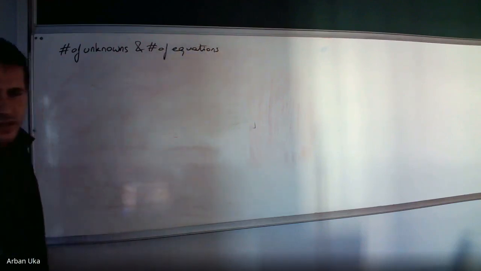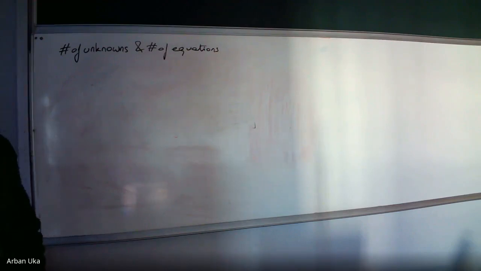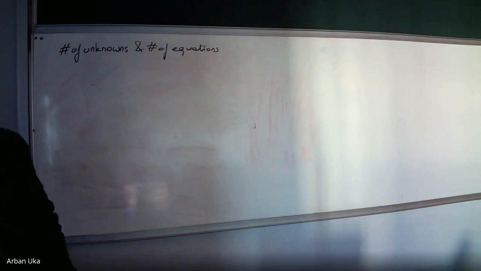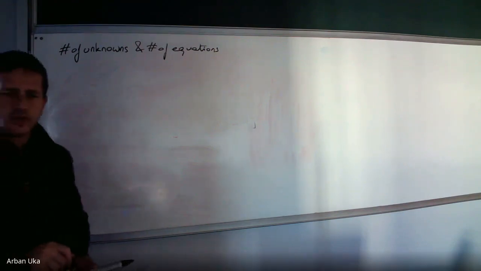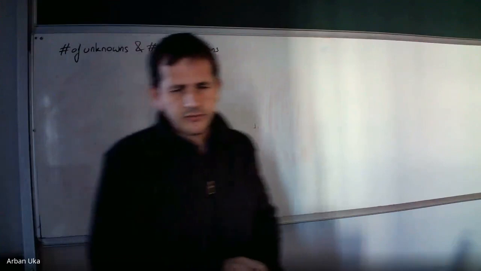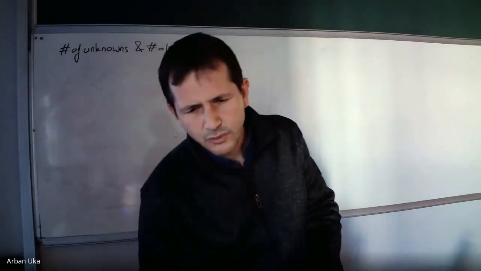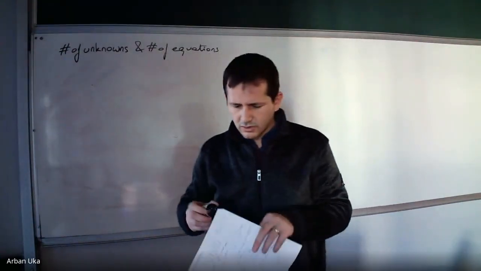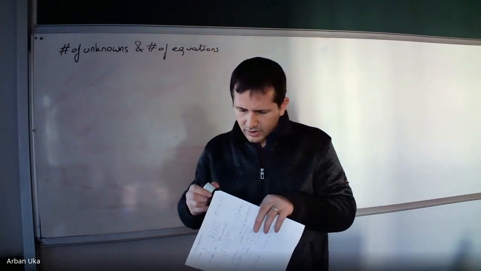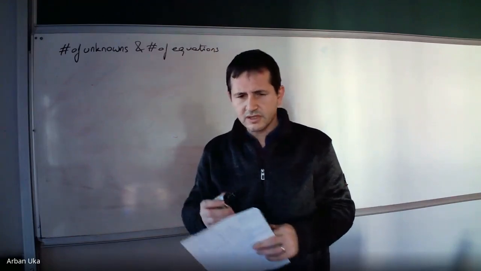This is something that you should never forget. When we talk about the number of unknowns and the number of equations, we can simply state that if we have 4 unknowns, we need at least 4 equations to get a unique solution for our system.